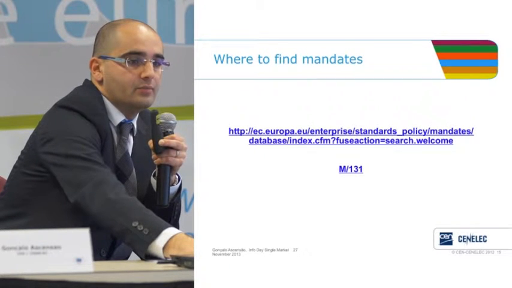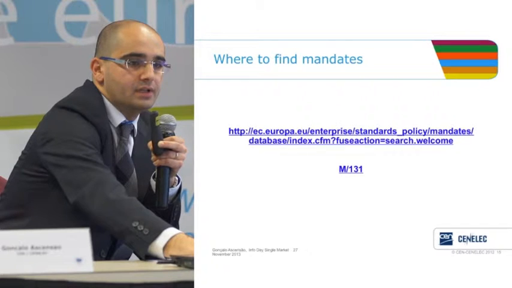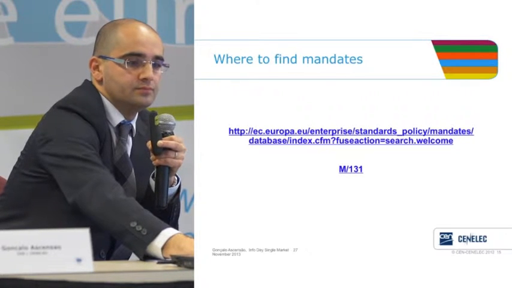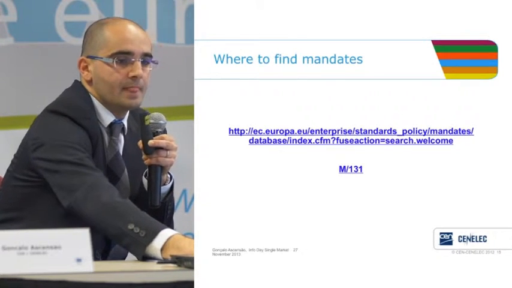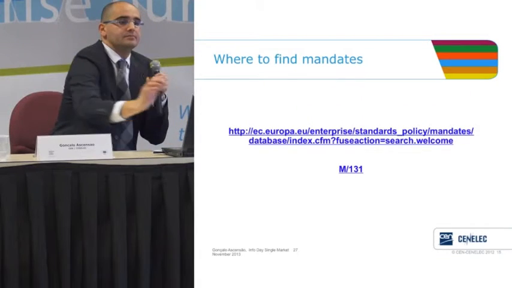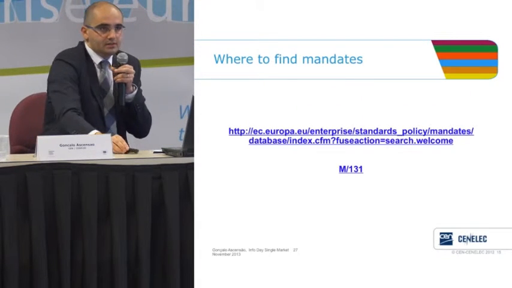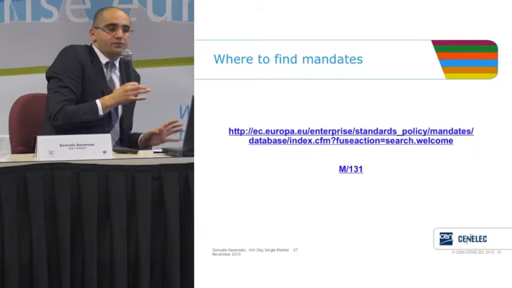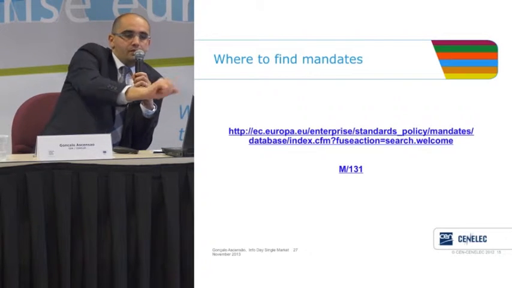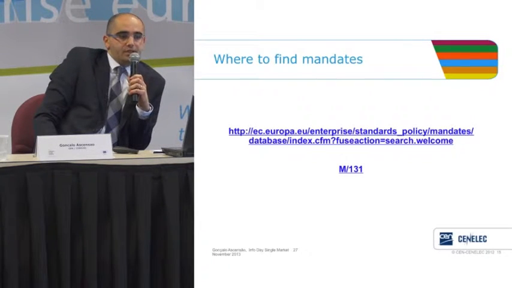So an important part where I wanted to come is Annex 2. This is usually the type of request for harmonized standards. Those are, in principle, the characteristics that are regulated at national level in all the member states.